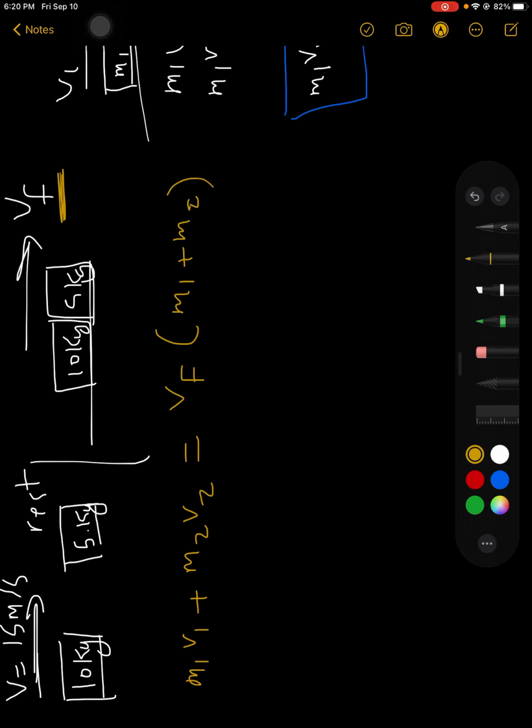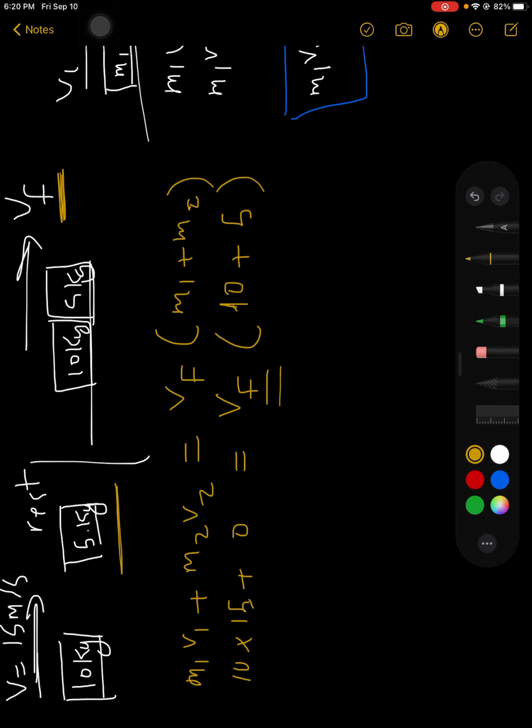So M1 is 10, so 10 times V1, which is 15, 10 times 15, plus, because this object is at rest, V2 will be 0, and 0 times anything equals 0, so plus 0 equals VF, still unknown, times M1 equal 10 plus M2 5.